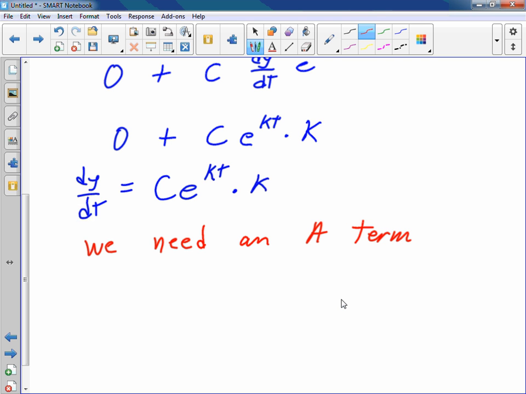Check this move out, and you're going to go, no, that's not cool, that's not fair. So we got dy dt equals k times the quantity C e to the kt. Here, wait for it.